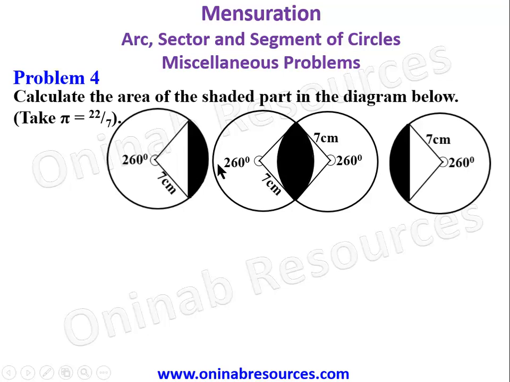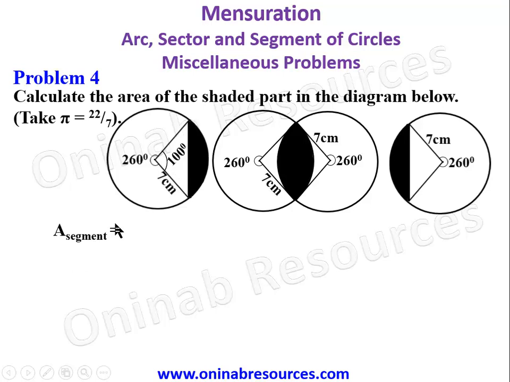So since they are equal, we just need to calculate area of 1. So then multiply by 2. So this angle here is 100 degrees, because 260 plus 100 now will give us 360. Now to calculate the area of the segment, which is the shaded part, we find the area of the sector minus the area of the triangle.